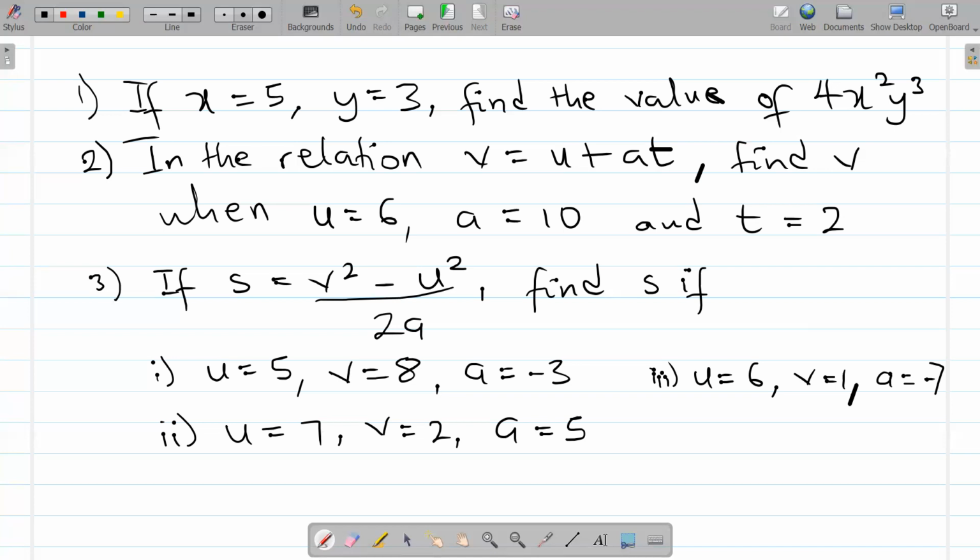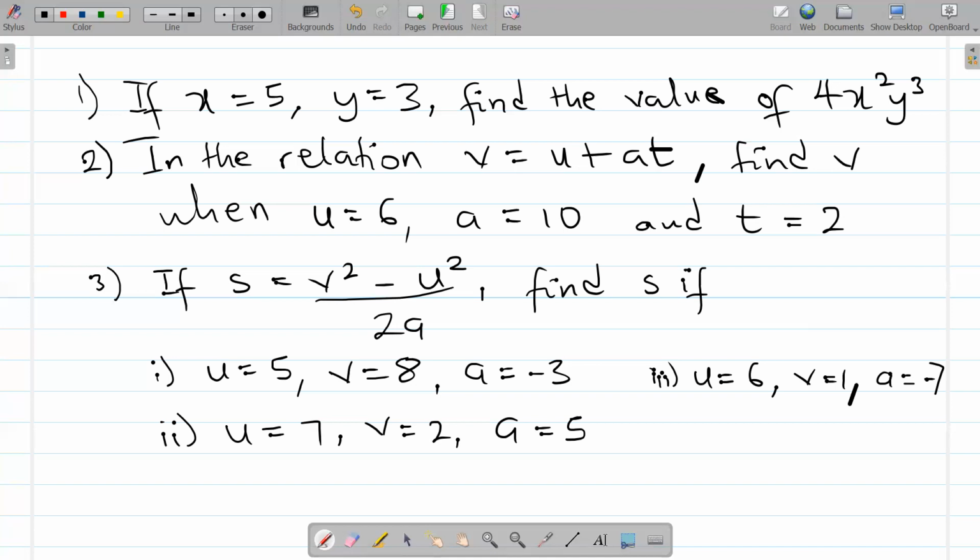Okay, and V. Yes, V is equal to 2. Where are you currently? I'm stuck at, let's say, U equals 8, A equals minus 3. Hold on.